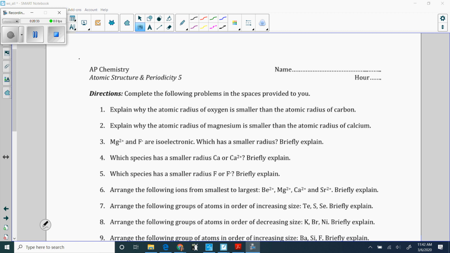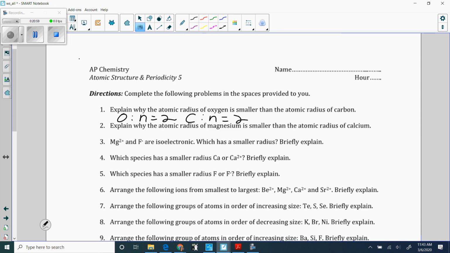If it has more energy levels, it's going to have a bigger radius. If it has fewer energy levels, it's going to have a smaller radius. Oxygen and carbon are both in energy level 2 because they're both 2p. So oxygen n equals 2, carbon n equals 2. That's where I'm going to start my thinking.